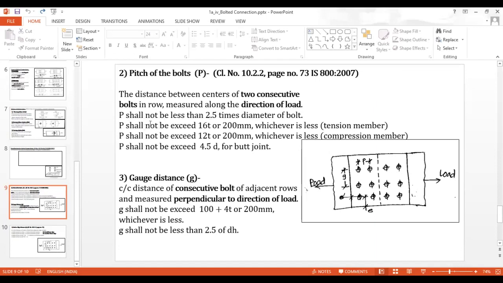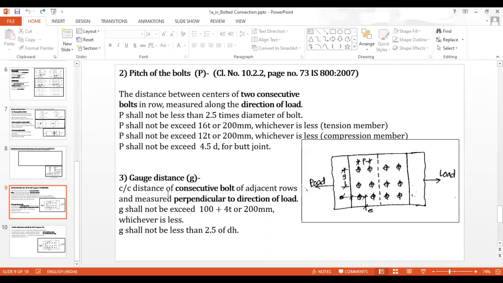Second, it should not exceed 16 times the thickness or 200 mm, whichever is less, in the case of a tension member, and it should not exceed 12 times the thickness or 200 mm, whichever is less, in the case of a compression member. For the butt joint, the pitch distance should not exceed 4.5 times the diameter of the bolt.